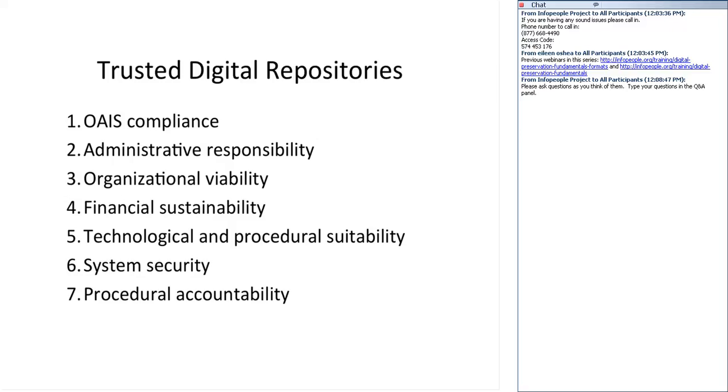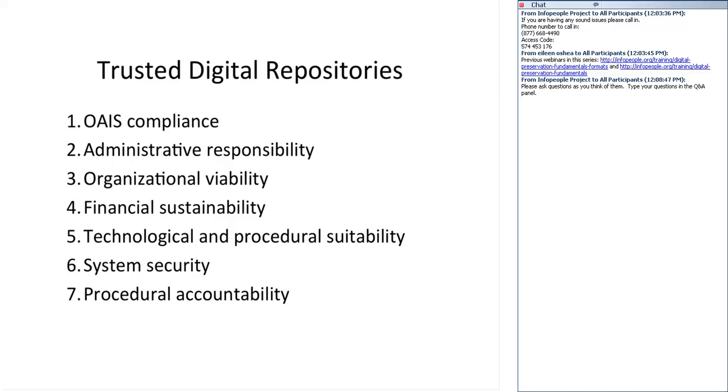Sixth is system security. If you talk to an IT administrator about all of the work that goes into just keeping hackers out of systems, you'll gain a new respect for your colleagues. And then seven, procedural accountability. Essentially, the procedures are documented and vetted by someone independent.